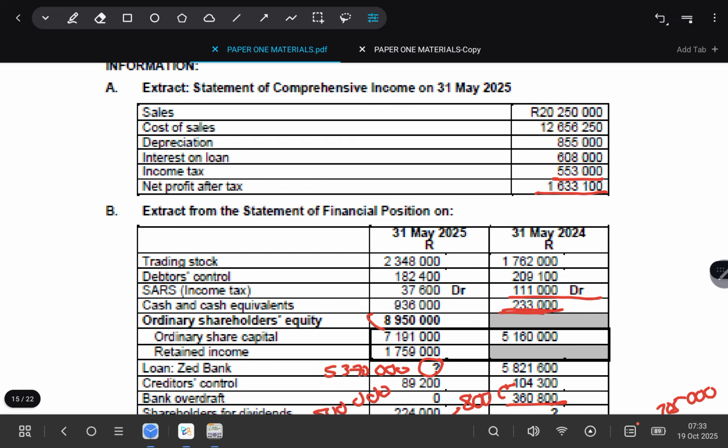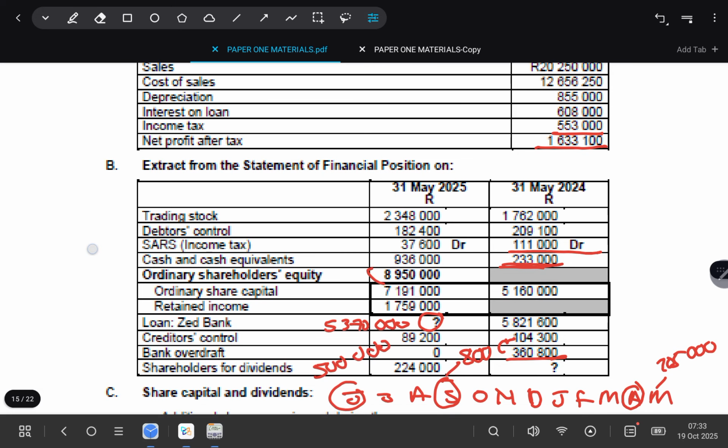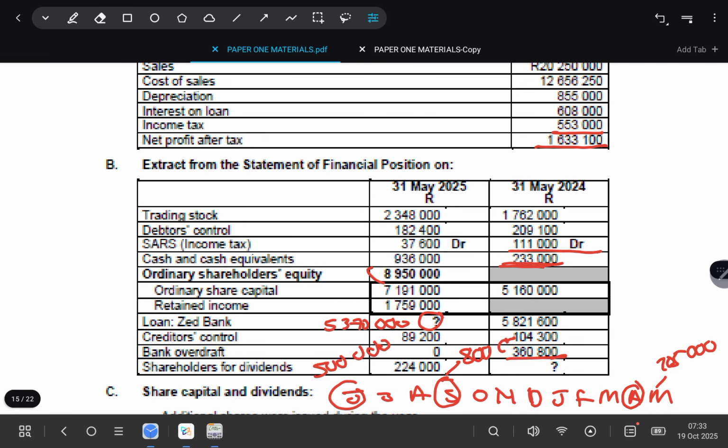The balance at the end for SARS, according to here, is a debit balance of 37,000. I think it's 37,600. I think it's not that clear, but I think it's a 6. 37,600.